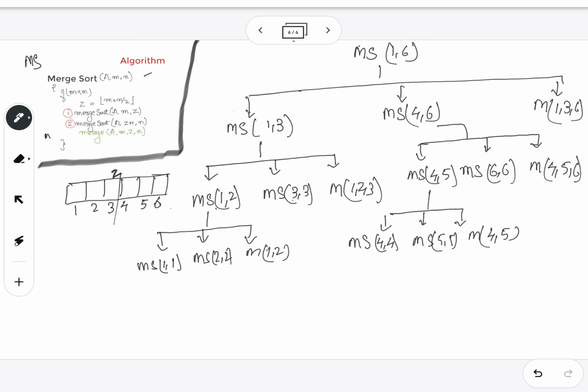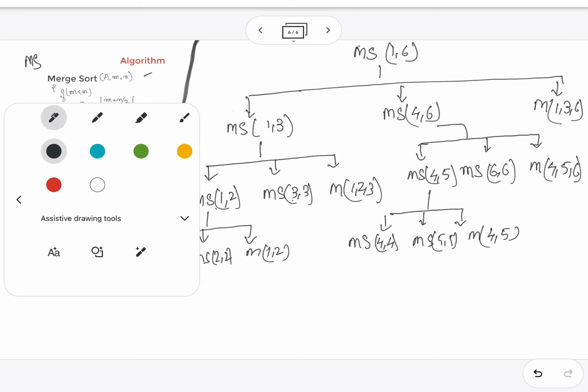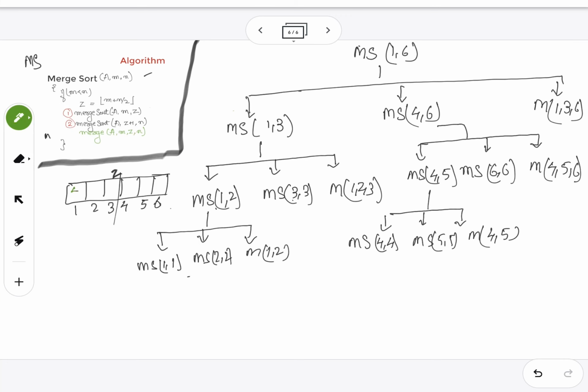This is how the whole algorithm can be written in a tree-type structure. Why have I written this in a tree-type structure? We'll come to it when we discuss the properties associated with it. So we cannot break down further. Whatever element we take, let's say for this particular part 4, 5, 6, 1, 2, 3, if we take this 1 and 3, this is the left array and this is the right array.